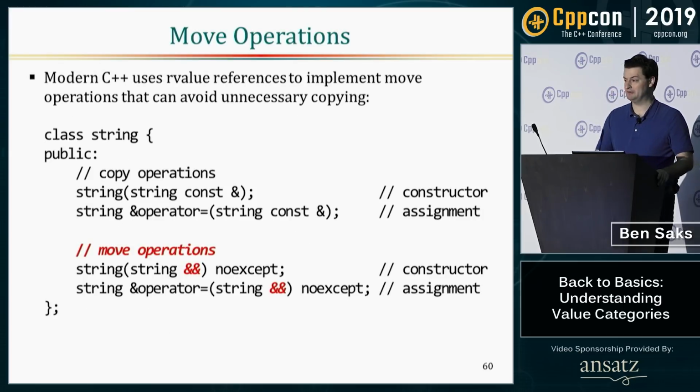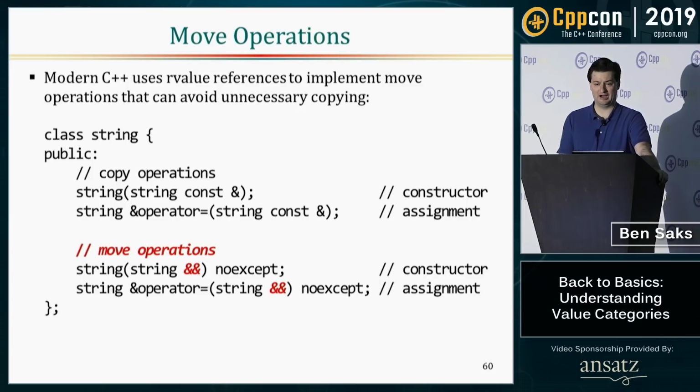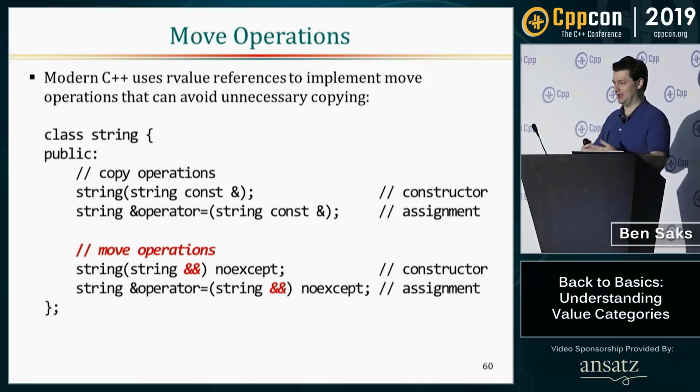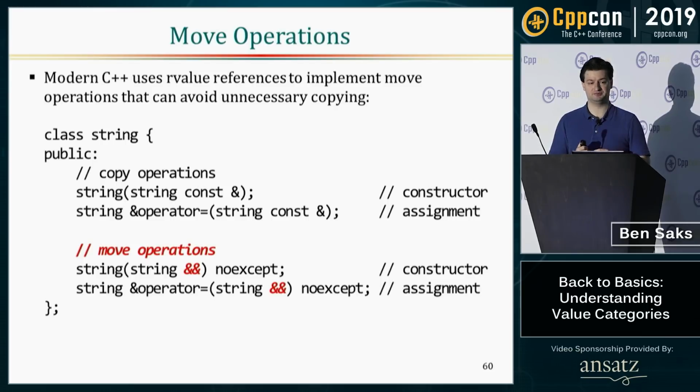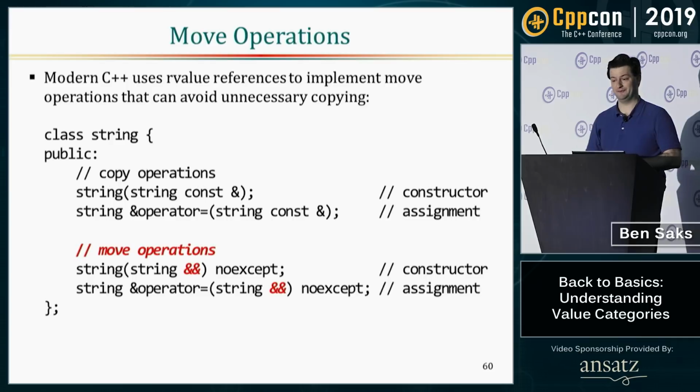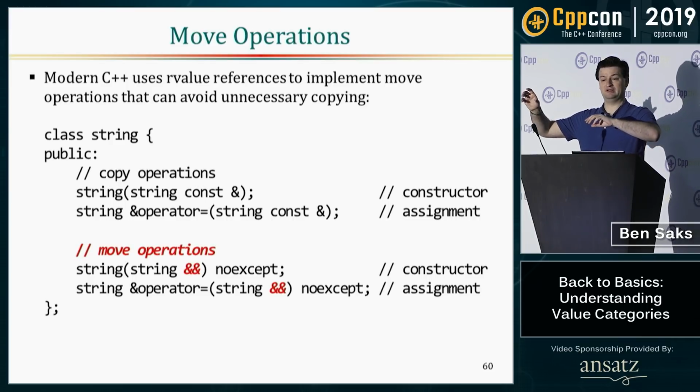So as I mentioned, R value references are in the language mainly to implement move semantics. They provide a mechanism by which, in some situations, we don't want to copy an object. It's cheaper if we can take the value from one object and put it into another object.